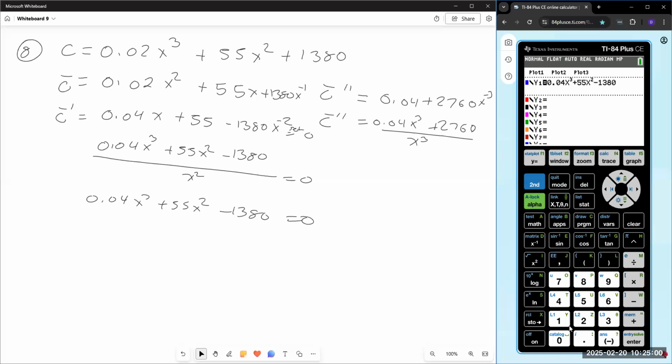And let's zoom 0 to make sure we see the interesting part of the graph. Let's just zoom 6. I have a feeling that, there we go. I'm interested in that x-intercept right over there. So second calc, number 2. I'm not interested in negative production. I'm only interested in positive production over here.